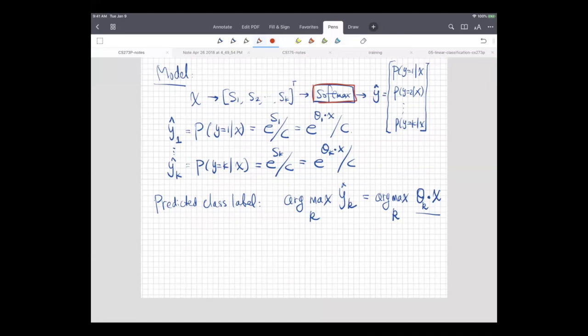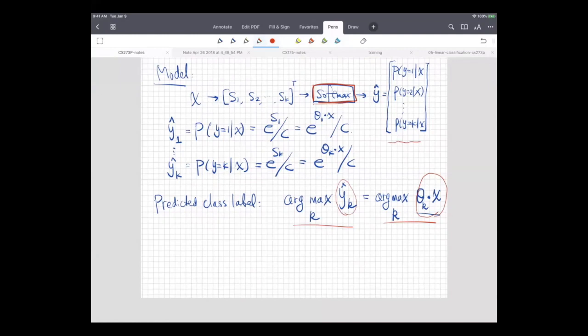So you can see the way I introduce the softmax operation here, this operator does not affect my final predicted labels. I don't need it, because for the purpose of predicting the label, I just need to calculate these scores. However, the softmax is nice because it gives me a probability interpretation. Once I assign labels, I can check the absolute value of this y hat sub k, and ask how confident this prediction is.